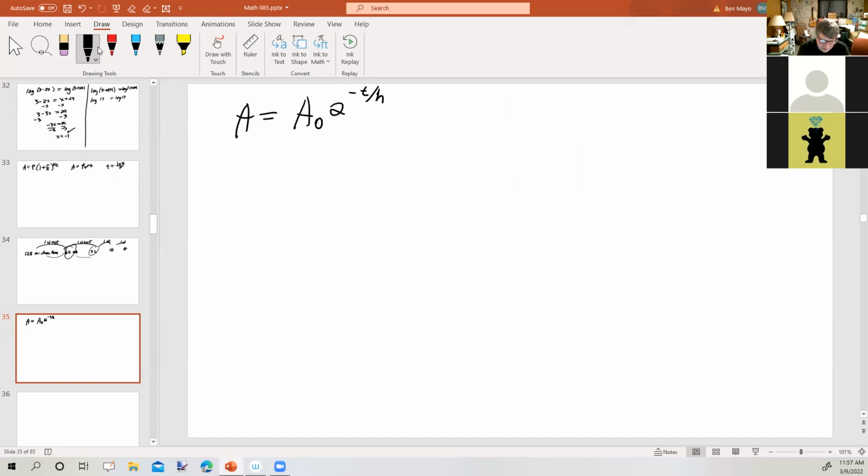A, over on the left side of the equation, is the ending amount. T is the time and h is the half-life. Now the base is 2, so you would think things are doubling. But if you consider this, isn't that the same thing as that? In which case, if the base was a half, you would be getting half of what you had. But this author chooses to write it this way. So that's what we'll do.